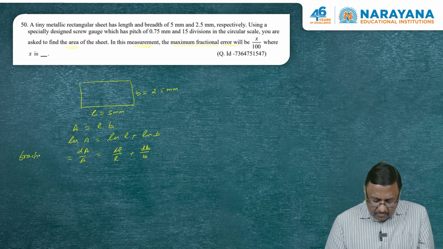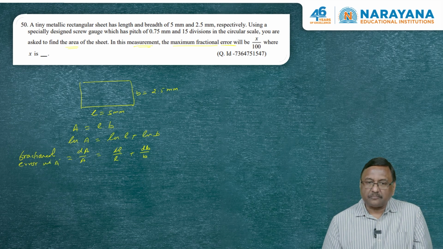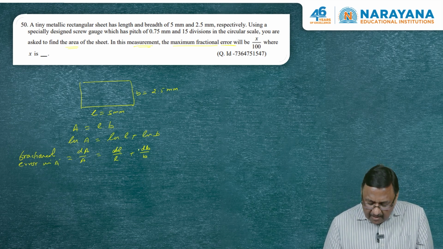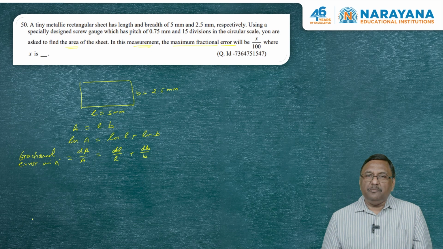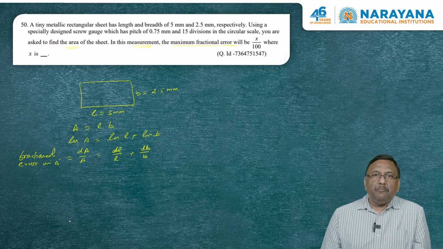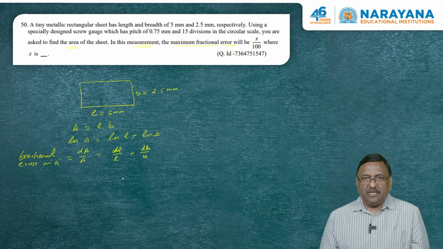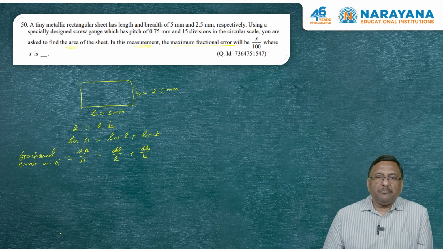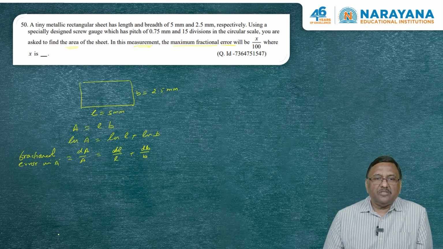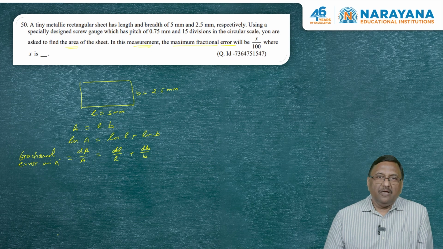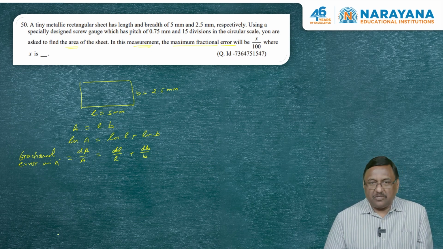So this is the fractional change, that's what he's asking, the fractional error in area. But we should understand what are my dL and dB. dL and dB are the errors that can be committed in the measurement of any physical quantity, that is length and width. Both of these values are measured with a screw gauge, and whatever is the least count of the instrument is going to be the maximum error committed in the measurement of the physical quantity.